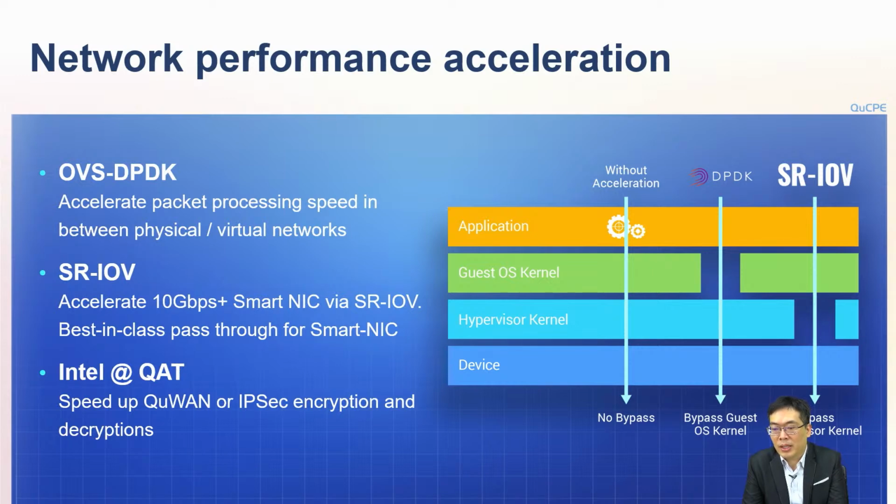But the problem is that it all had to be done by software, and that impacted performance a lot. The QAT can help you offload this encryption from software to hardware, and of course it will increase your VPN performance as well.